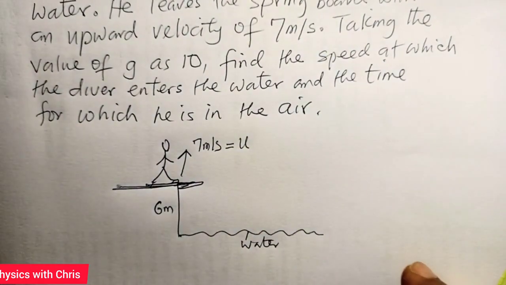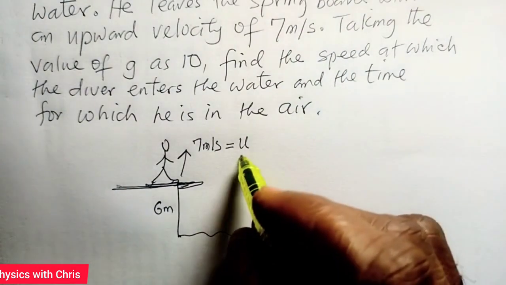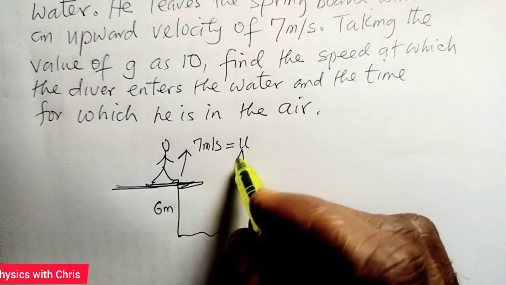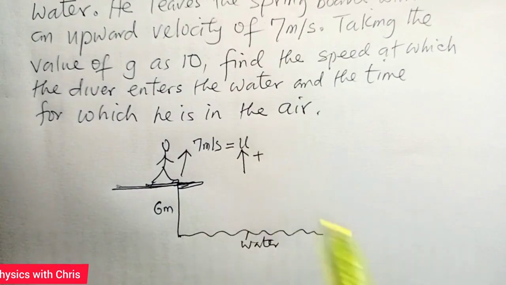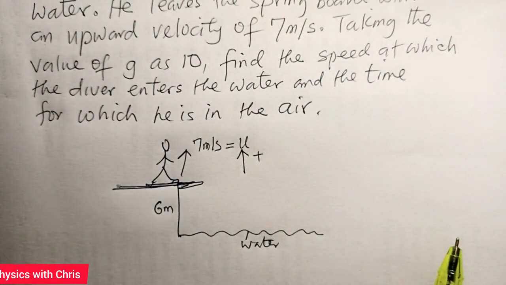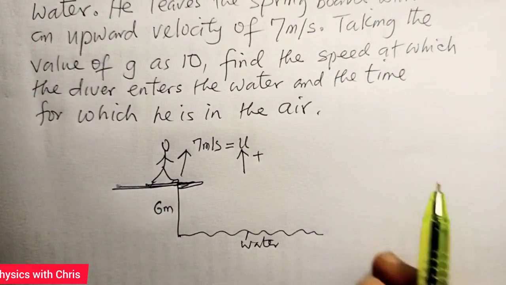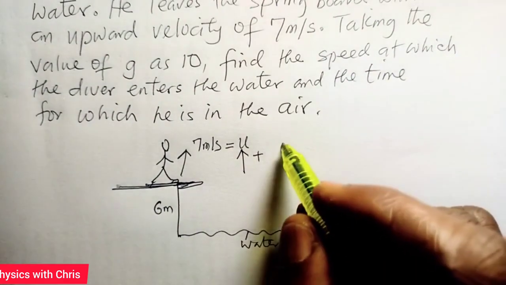Now, what we do in calculating or solving problems like this is that we assume a direction for the motion or the velocity of the body. So if I take the upward direction of the velocity as positive, it means that any direction that is downwards will be taken as negative. Recall that the acceleration due to gravity always acts downwards.